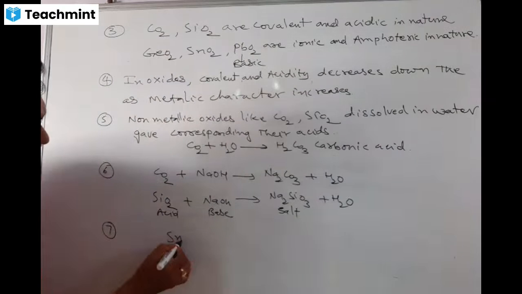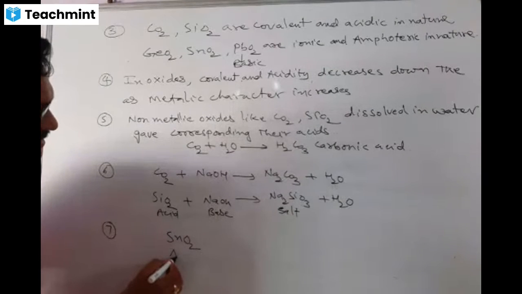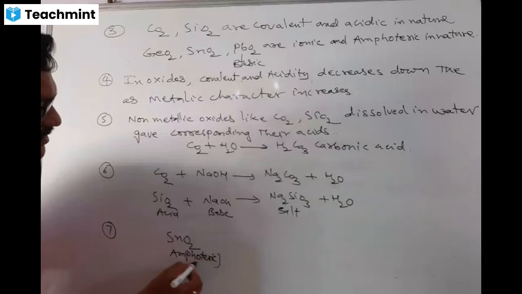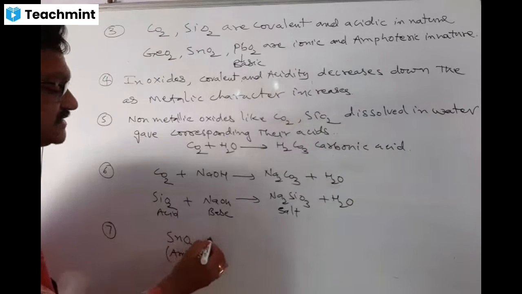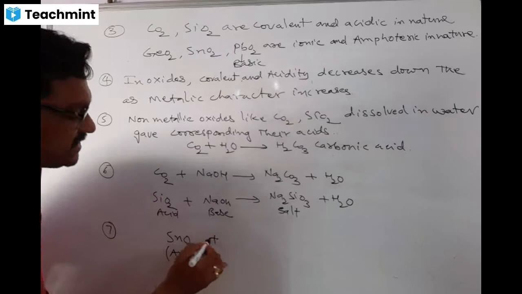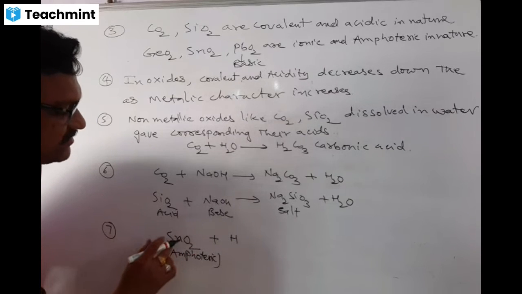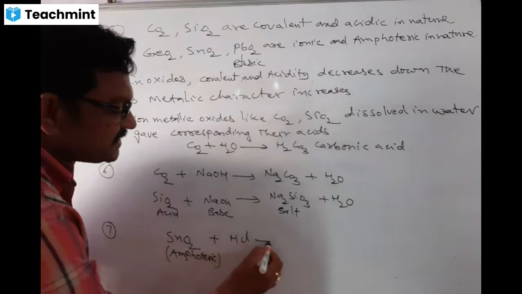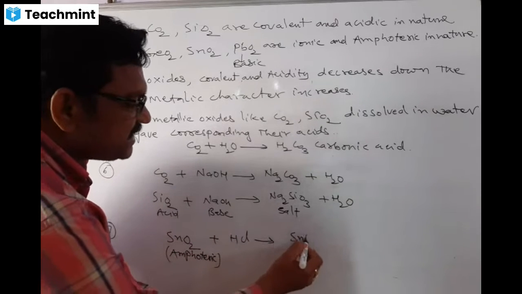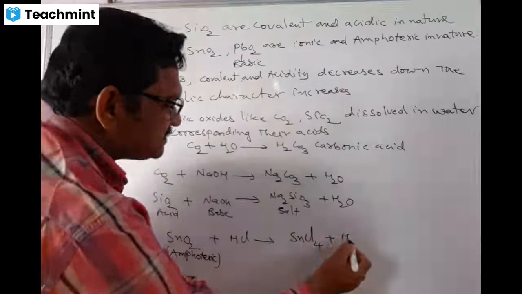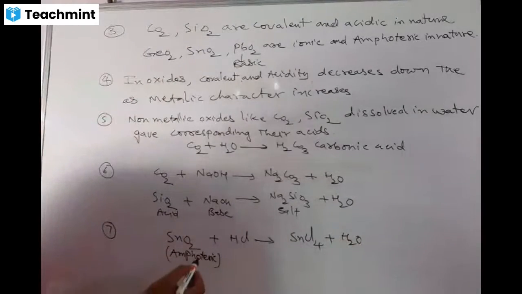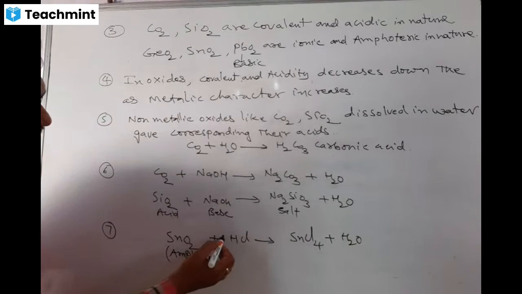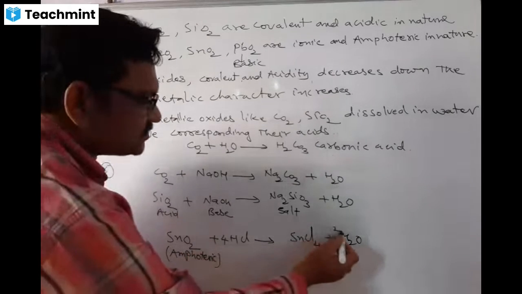Amphoteric means having both acidic property and basic property. That's why it reacts with acid like HCl to form stannic chloride SnCl4 plus H2O. For balancing, we put 4HCl and 2H2O.